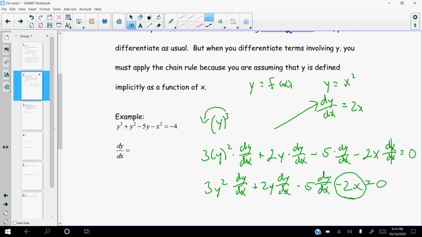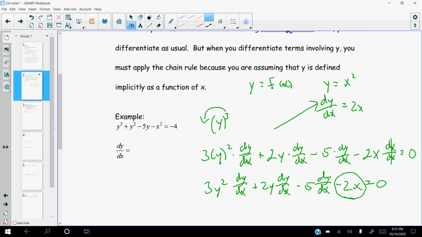Everything else, when it has the y's in it or whatever your dependent variable is, is going to get multiplied by dy over dx, or d whatever over the independent variable's derivative. So it's going to look like a dy dx. So in the most simple form, if you've got y's and x's and you take the derivative with respect to x, if it has a y in it and you take the derivative, you have to multiply it by dy dx. If it doesn't have a y in it and it's just got an x in it, you take the derivative like normal.